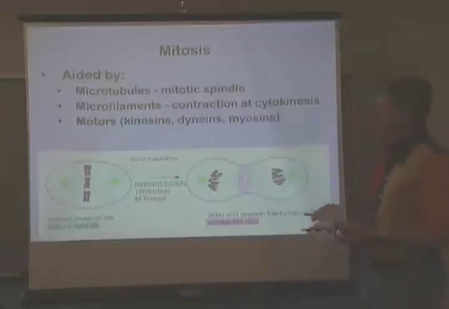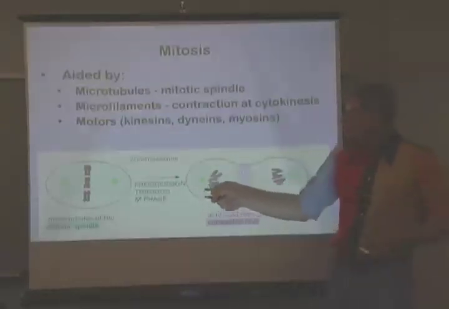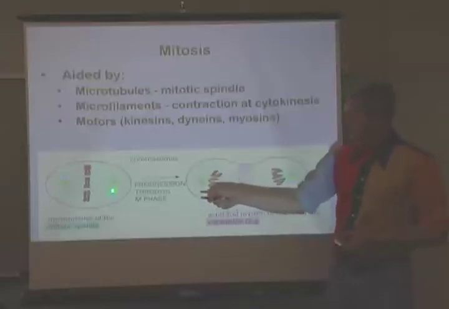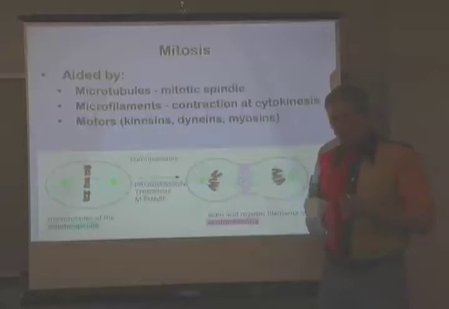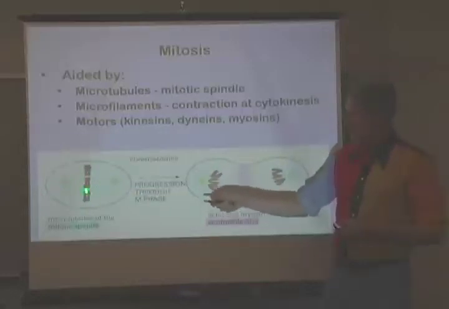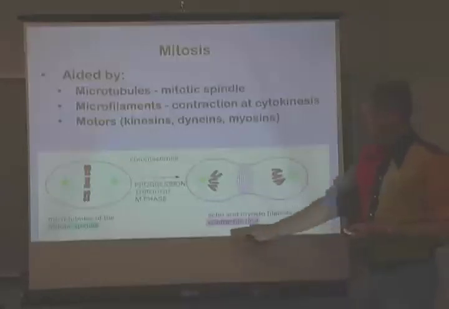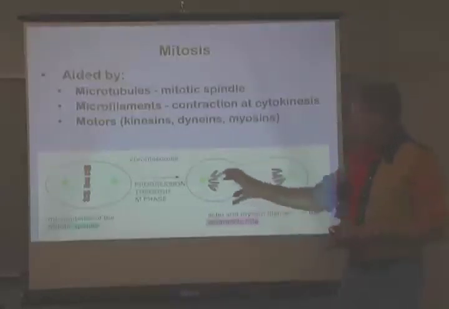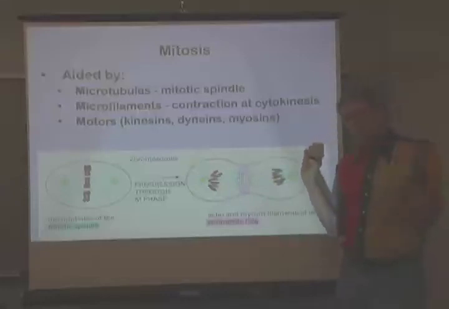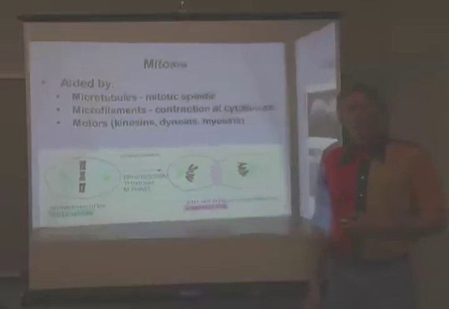The mitotic spindle is this whole thing that is the microtubules, the microtubule organizing centers that have been duplicated, the chromosomes that are attached to them. That's the mitotic spindle. The cytokinesis part is contraction when the chromosomes have been pulled apart sufficiently so that two cells can form from one.